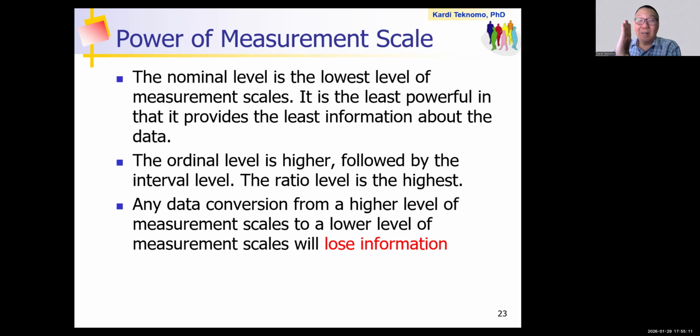So ratio type is the highest. Any data conversion from a higher level to a lower level, you will lose information. From ratio type, you can transform into interval, ordinal, and nominal easily, but you cannot transform from a lower to a higher level. There are certain exceptions we will discuss later.